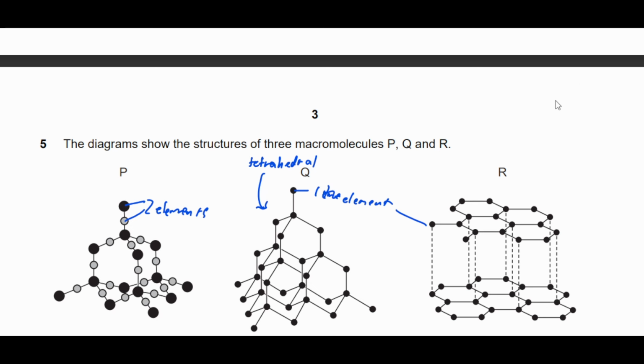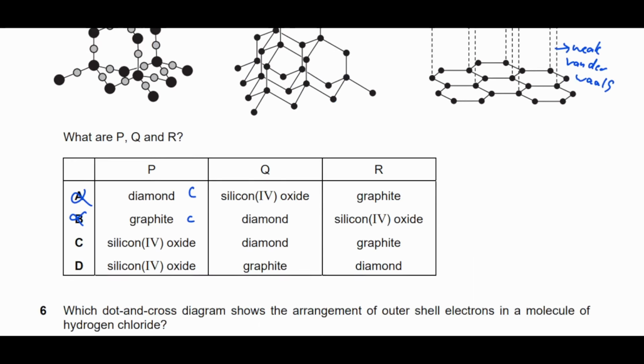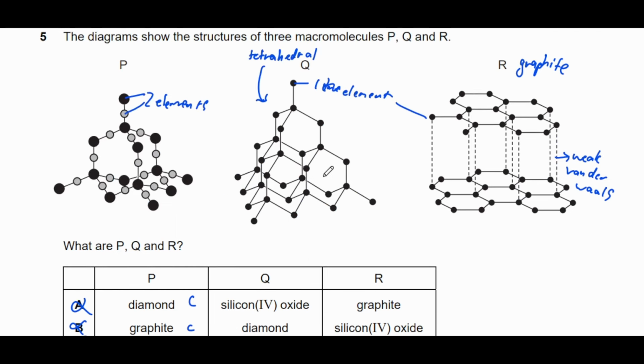A graphite molecule would look like R, because graphite has many layers, connected by weak van der Waals forces. Therefore, in this question, the answer is C. P is silicon oxide, Q is diamond, R is graphite.